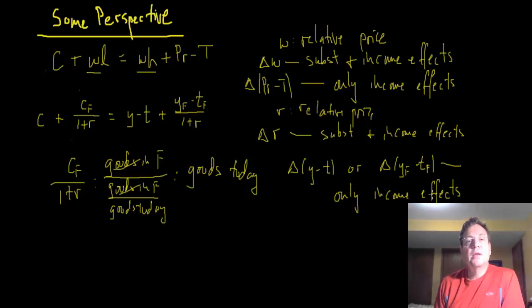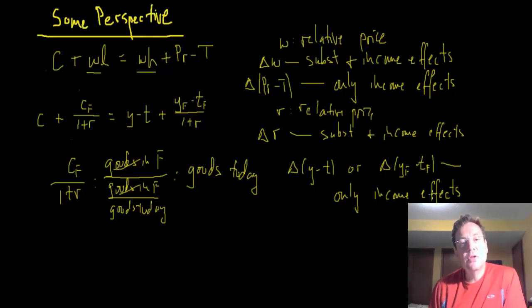So the bottom line is that in terms of the microeconomics, this model is really no different than the static model that we've already studied. We're going to have changes in relative prices, which generate substitution and income effects.